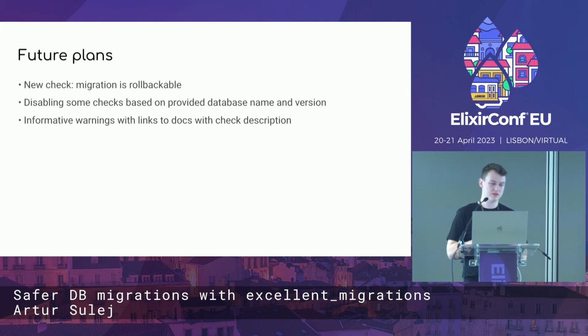The other one is disabling some checks based on a provided database name and version. Currently, you can just read the docs of the library or your database and check what's safe and explicitly disable a given check. But that could be done in a more automatic way.